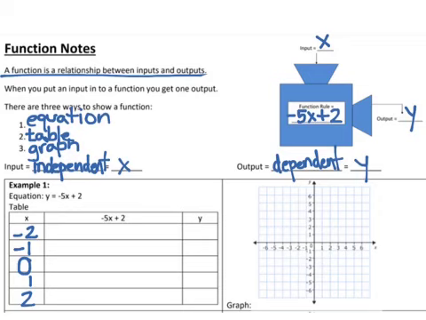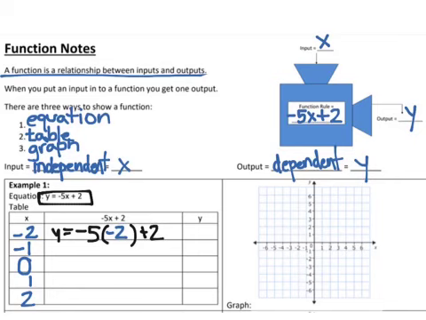Alright, so starting with -2, and our function is y equals -5x plus 2. So we know that y equals -5 times our x, so times the x value that we're putting into it, which is -2, and then plus 2.